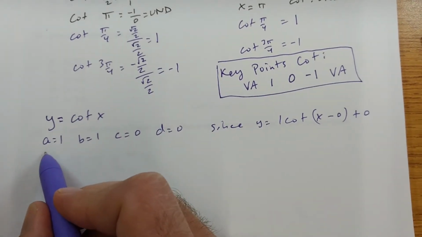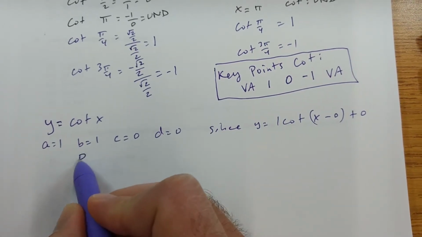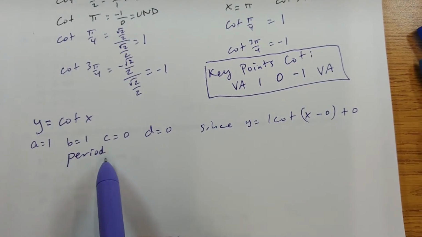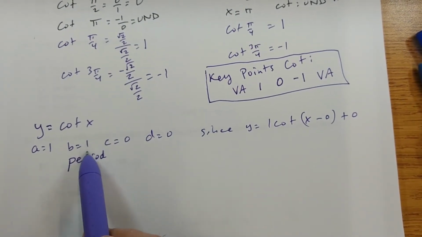Now our a value is 1, our b value affects our period. And so remember that we were finding our period when finding the sine and the cosine function by taking 2 pi, which was the standard period, and dividing it by our b value.